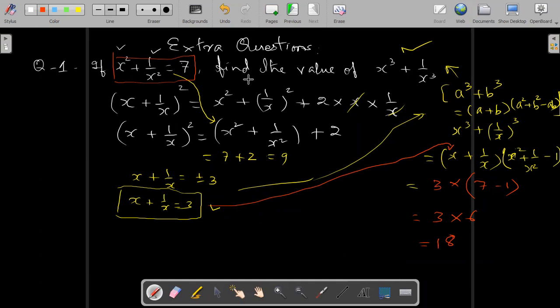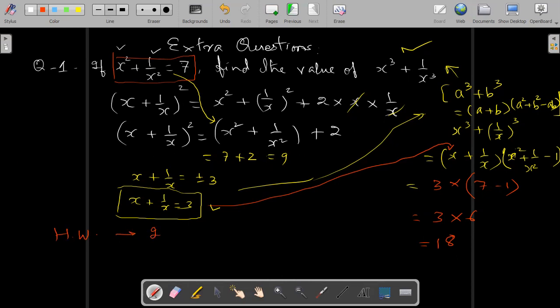But remember that here all are positive. Sometimes they ask for negative numbers. You can do one extra question for your homework, the same type of question, only the values are different.